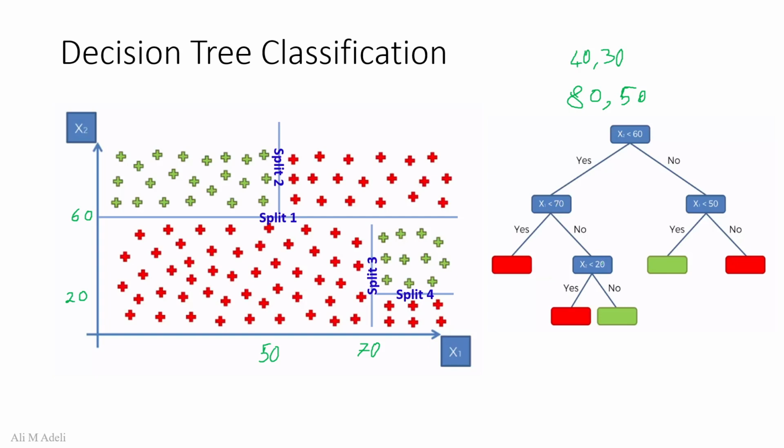No. Go this way. Is x2 less than 20? No. So it belongs to the green class. So this is how we use the decision tree. That's the tree it comes up with once the decision tree classification algorithm has learned from our training data. This is what it creates. So this is the intuition for decision tree classification.